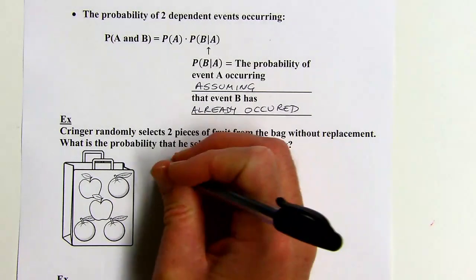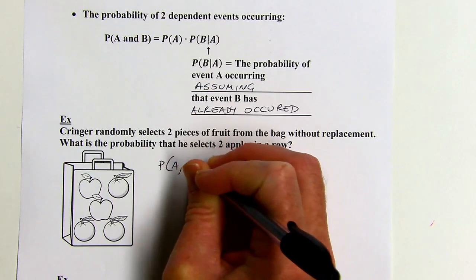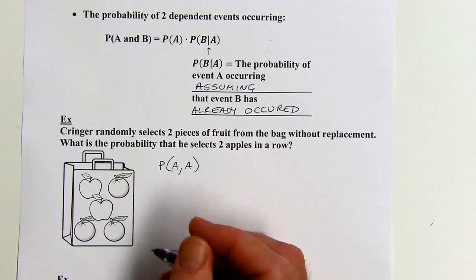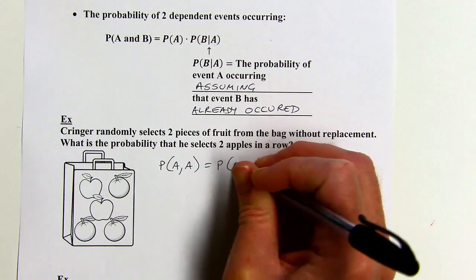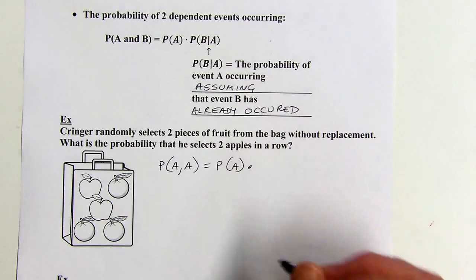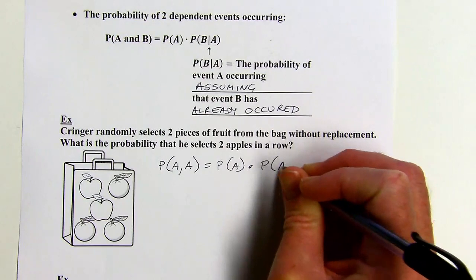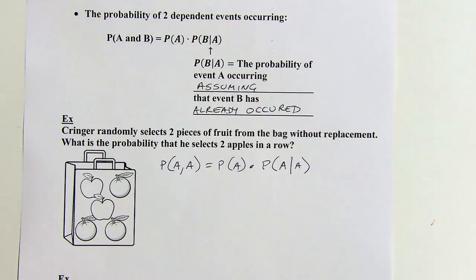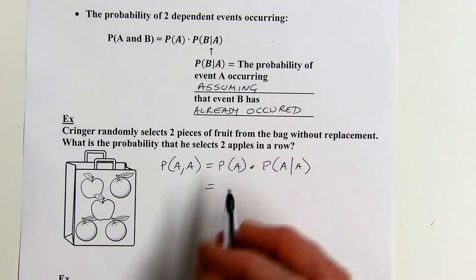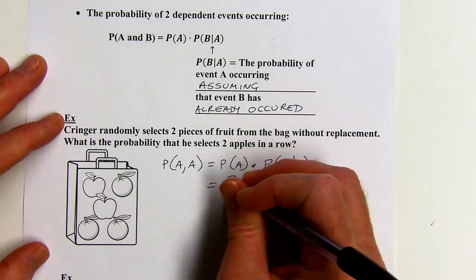So 2 apples in a row, I'll write that like this, the probability of pulling an apple and then another apple. So that's going to be the probability first of just pulling an apple out, okay? And then we're going to multiply that by the probability of pulling an apple out, assuming that an apple has already been removed from the bag, okay? So the probability of pulling an apple out, well, there's 2 apples here out of 5 pieces of fruit.